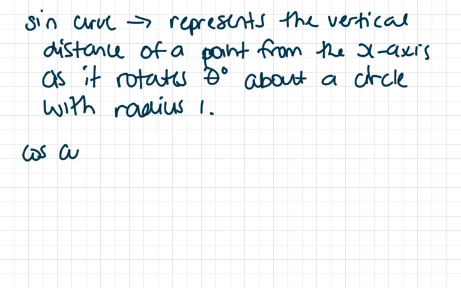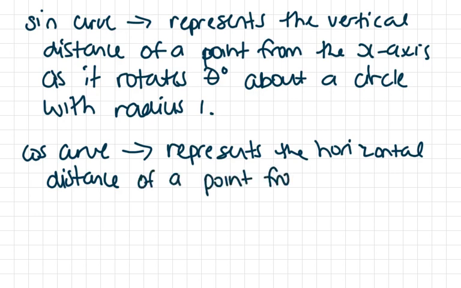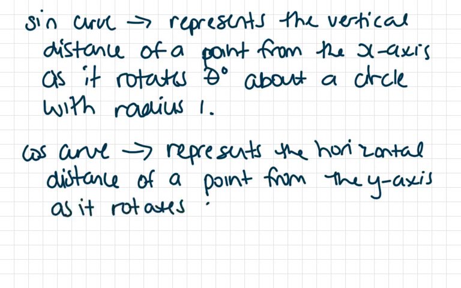And then the cos curve represents the horizontal distance now instead of vertical, of a point from the y-axis as it rotates theta degrees about a circle with radius 1.